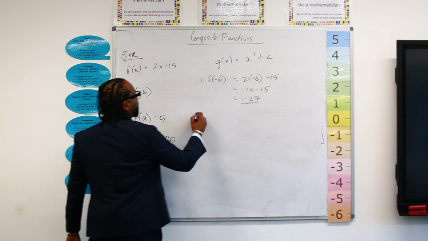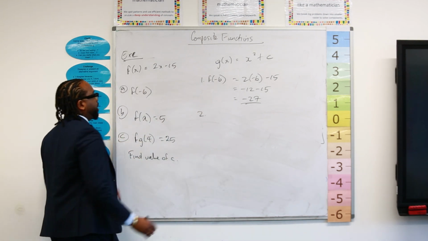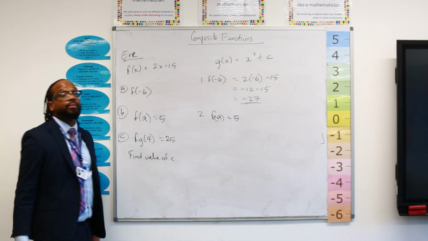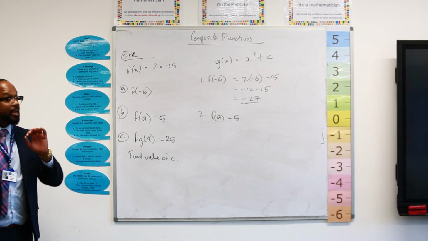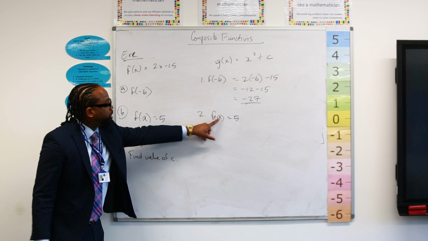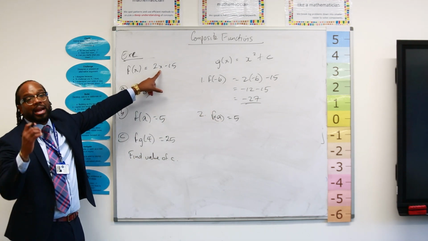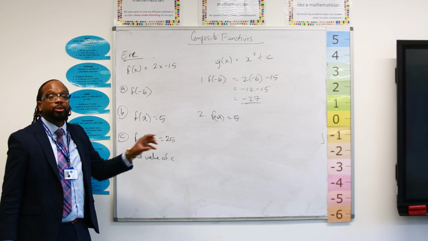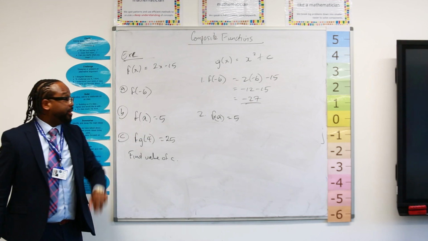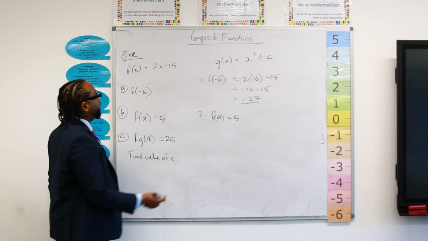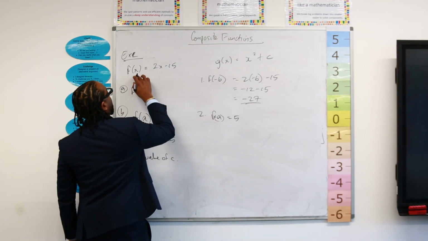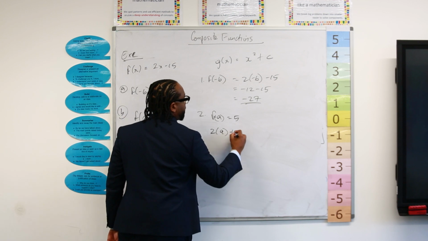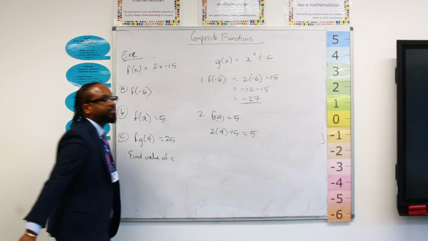Now step 2, or part B, I'm looking for f of a in bracket is equivalent to 5. So my first step is to make this substitution where a is now my input, and when I make that substitution, my output should be a value of 5. So to set that up, I'm going to simply say f of a, which is equal to 2 bracket a minus 15, is now equal to 5.